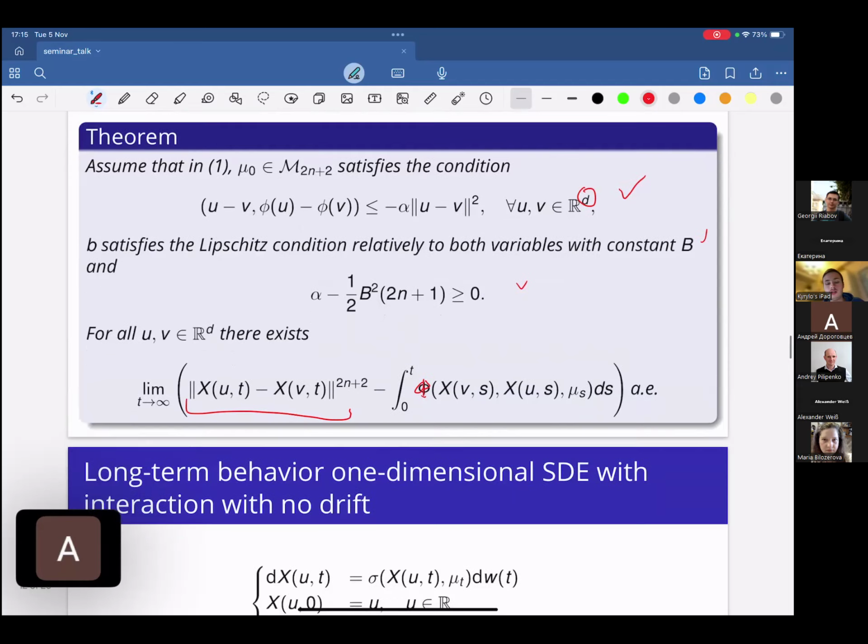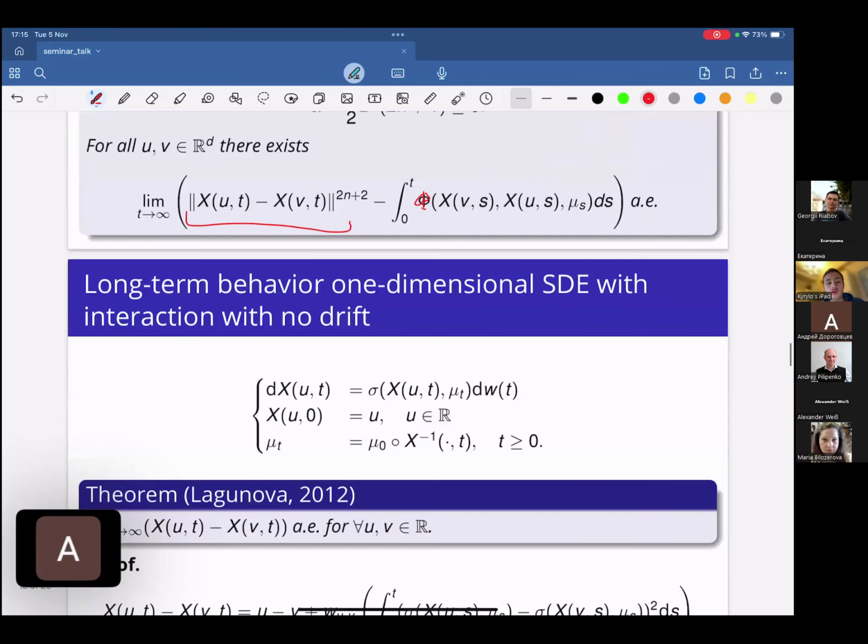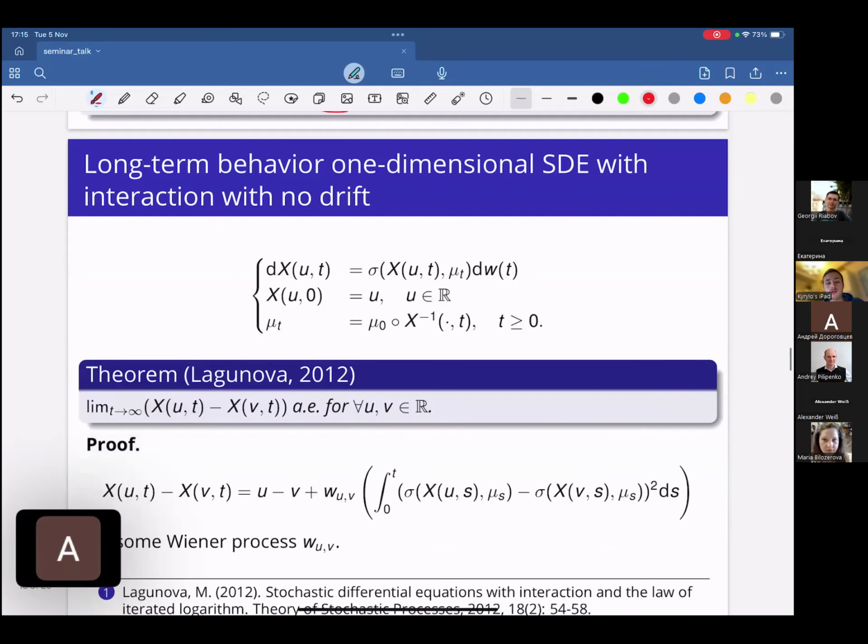there is the work of Logunova from 2012, and she considers the simplest example without the drift, just a diffusion term, and she managed to establish that the limit of such a difference actually exists almost everywhere for any points u and v.